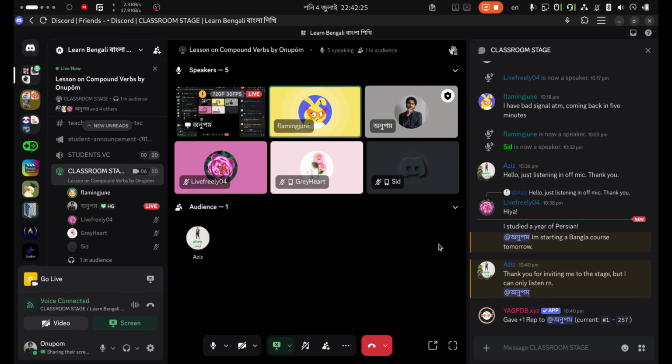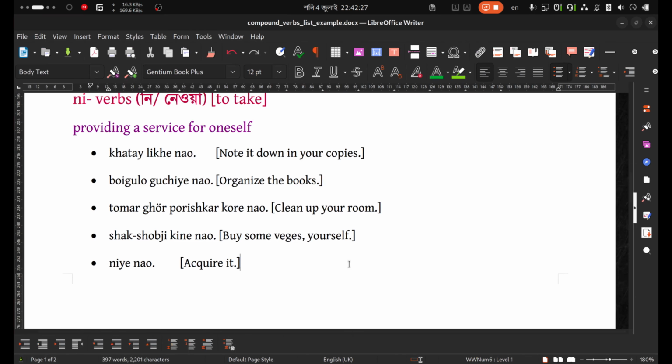Anyone? Maybe with objects, the meaning is to grab something. Yeah, we can say grab it. I think acquire it will be fine as a general sentence. Acquire it. Grab also works.